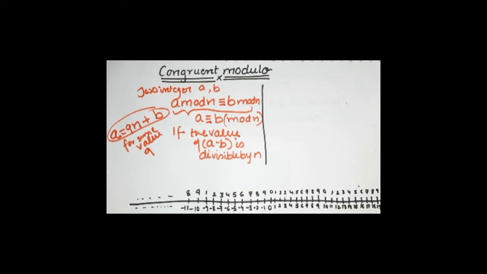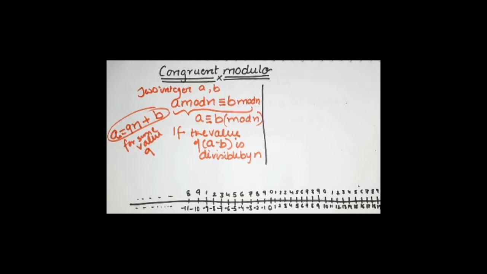When you have to say two integers A and B are congruent modulo n, you have to say that A mod n is equivalent to B mod n, or A is congruent to B mod n, and the condition that must be satisfied is A minus B should be divisible by n. You can also write congruency as A equal to Qn plus B for some value Q.